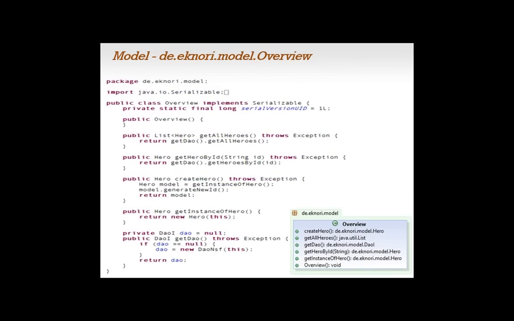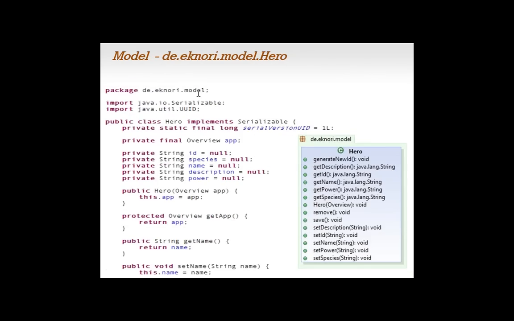This is the Java code behind the overview bean in this example, and we have get all heroes, get hero by ID, and get an instance of a hero. And the hero itself has some private and public properties like the ID, species, name, descriptor, power, and such.